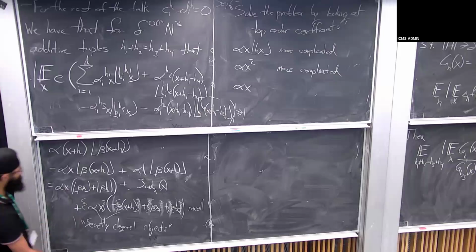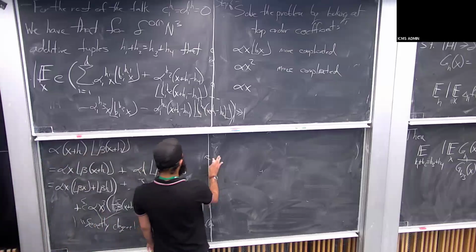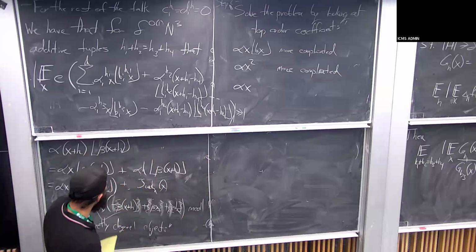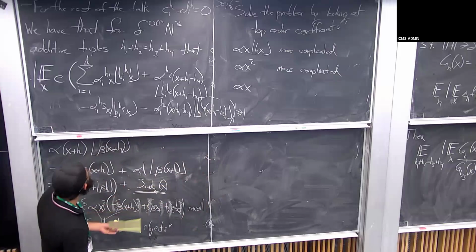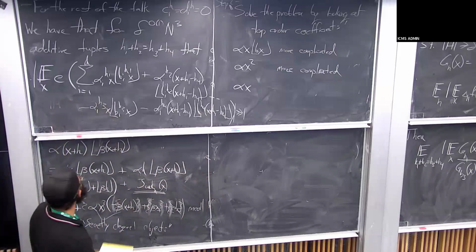Great. So basically, what I can do is apply this, and if I'm willing to keep around this massive junk error term, I can simplify this correlation. So what do I get?